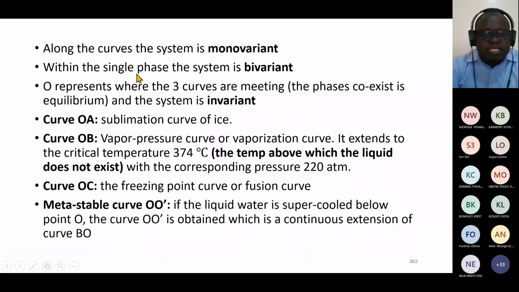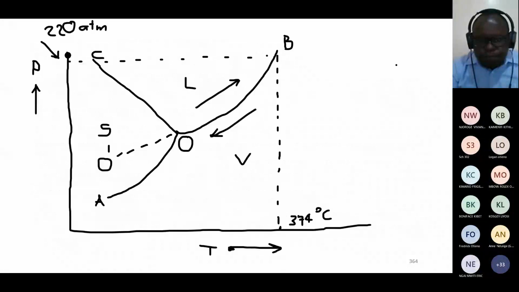So within the single phase, we say that the system is bivariant. So it has 2 degrees of freedom.